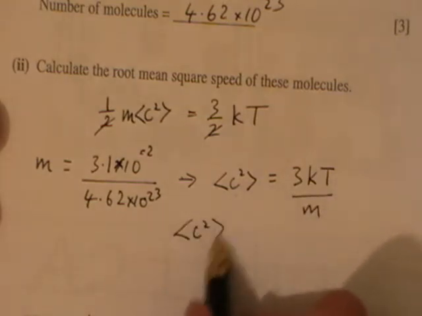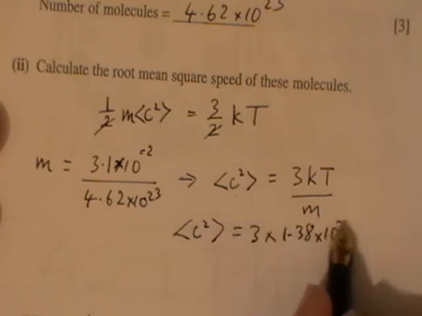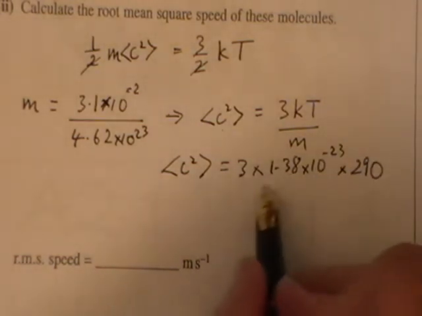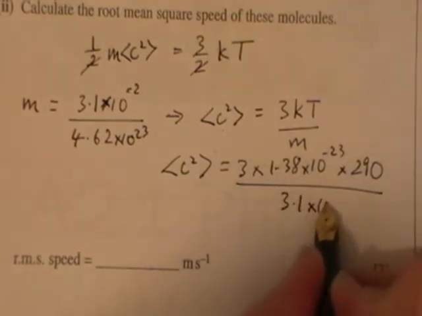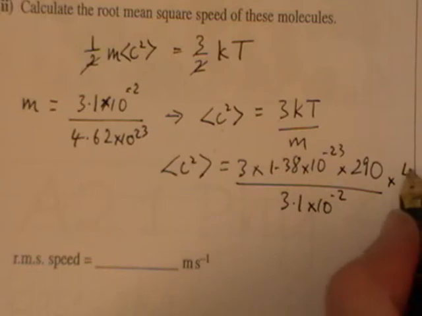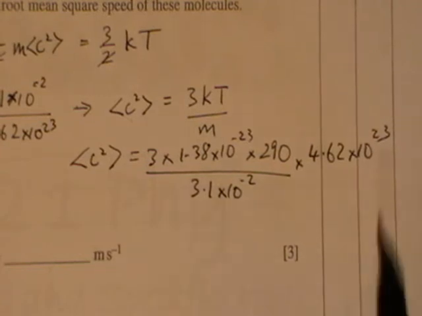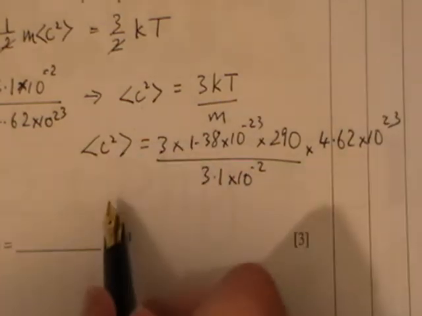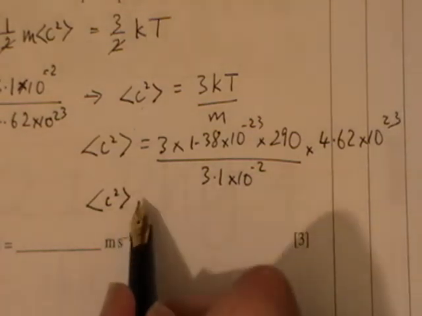So that means that c squared is equal to 3 times 1.38 times 10 to the minus 23 times, and the temperature was 290, divided by, well, that becomes 3.1 times 10 to the minus 2 on the bottom, times then 4.62 times 10 to the 23 goes on the top line. So that's what c squared is equal to.